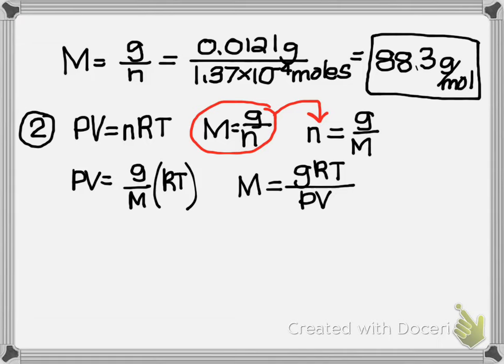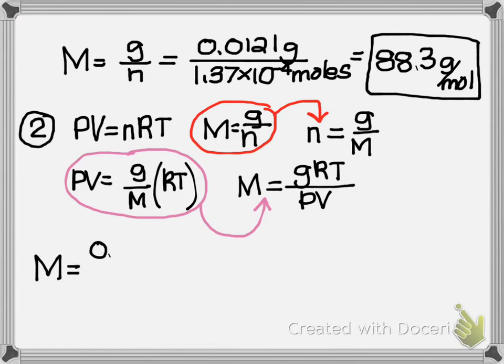Then I took this equation right here, after I substituted it, and rearranged it to equal here. So now I have where I can solve, and I suppose you could memorize that equation if you wanted, but now I would solve, plugging in the number of grams that they gave us. That was given. R is a constant.